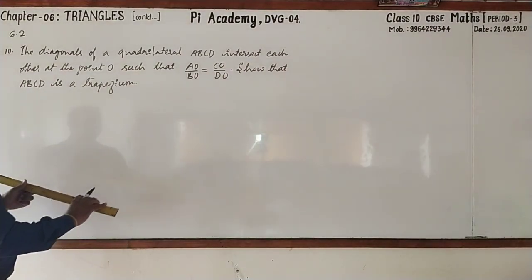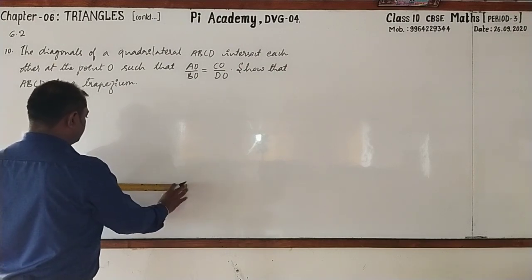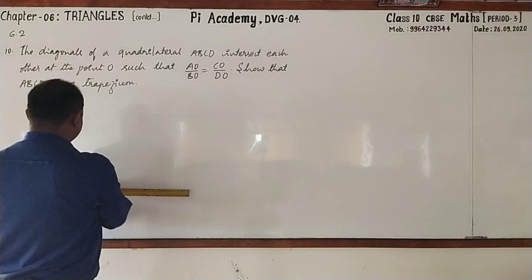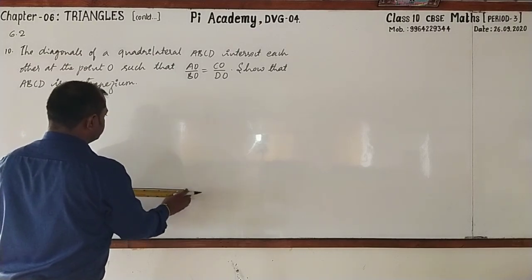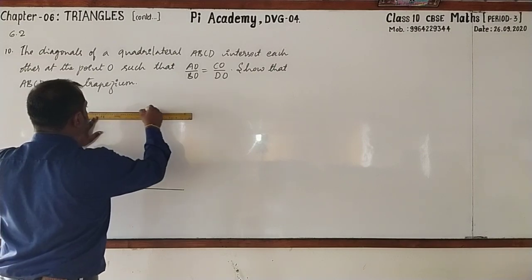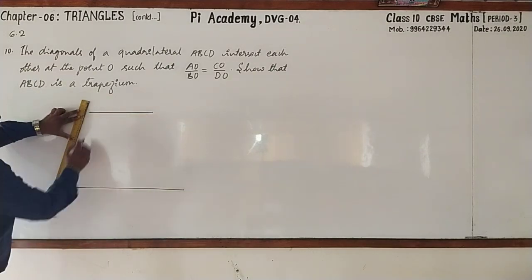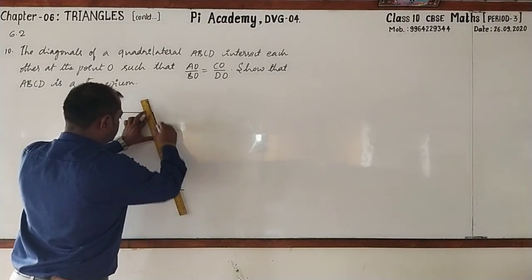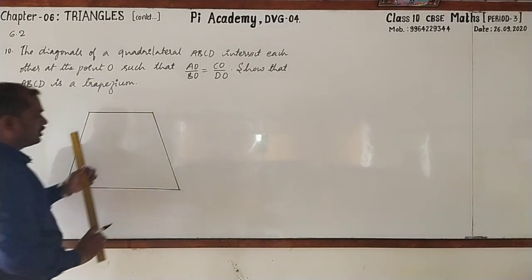Take scale and pencil and draw a geometrical figure of a quadrilateral. But it should look like a trapezium because we are going to prove that quadrilateral as a trapezium. This is a quadrilateral. Have you drawn?